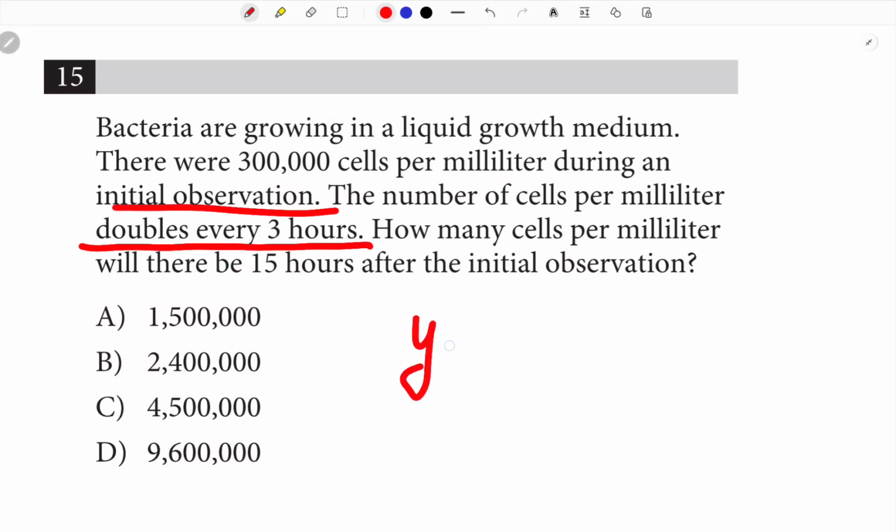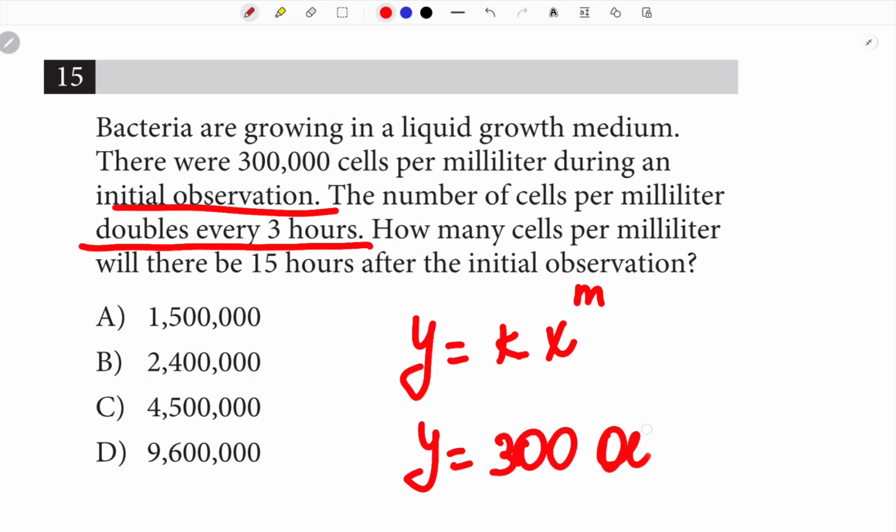We write k times a to the power x over m. I can write like this. So what does it mean? Here k is the initial observation. I write y is equal to 300 times, and doubles.